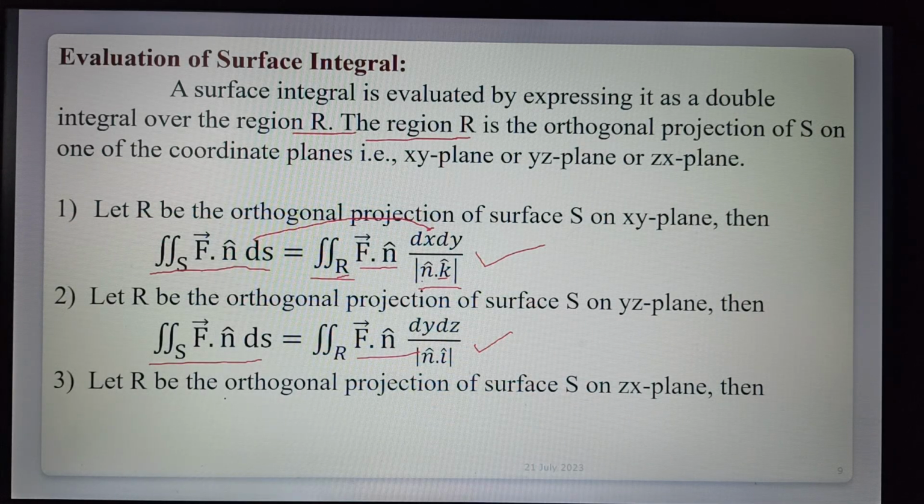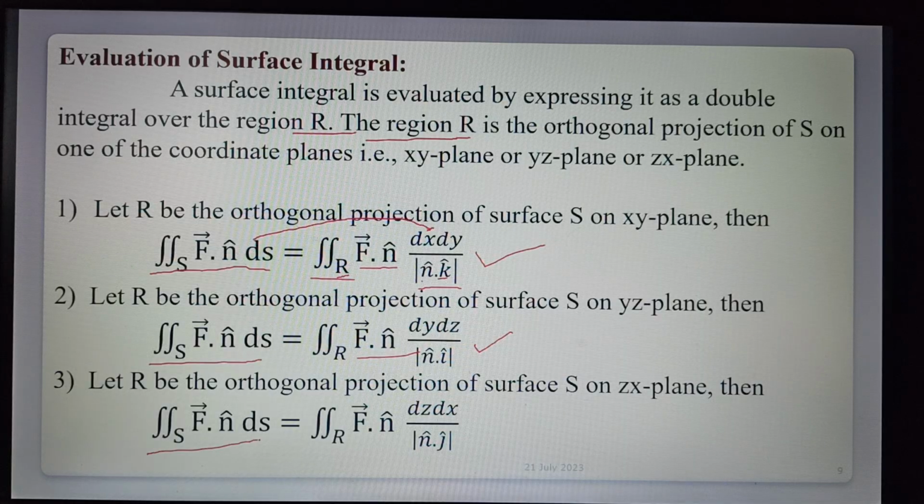Then the surface integral over S is equal to the integration over R of f bar dot n cap dz dx by mod of n cap dot j cap. This is the formula when the projection is in the zx plane. We use whichever formula depends on where the given surface lies, which is important.